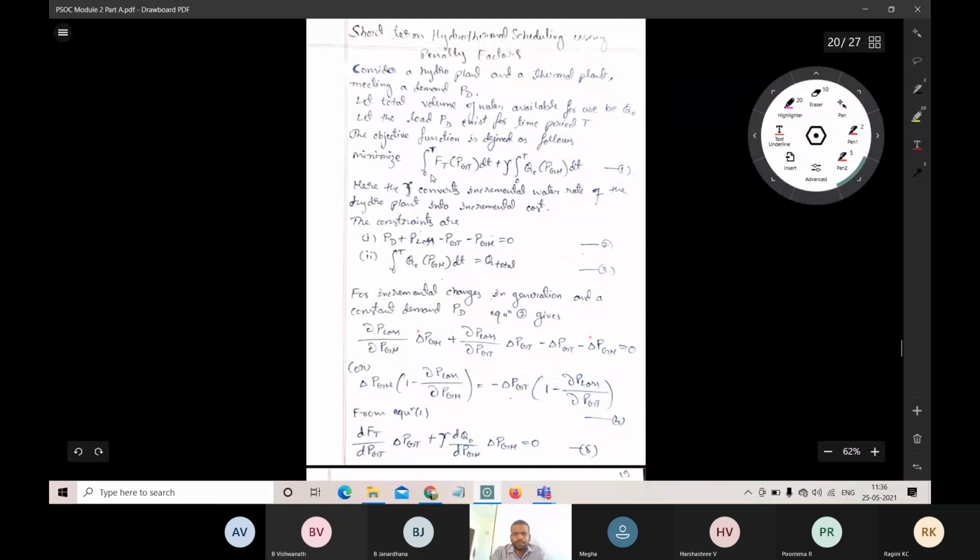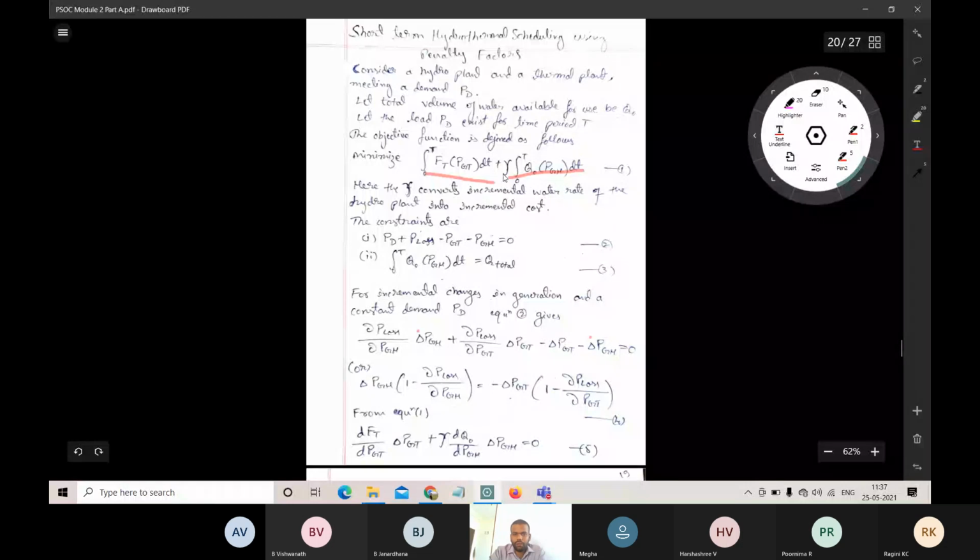This part gives you the thermal production cost, and this part, nu times the integral from 0 to T of q0(t) PgH(t), gives the total amount of water discharging at the time of generation of power using hydel.